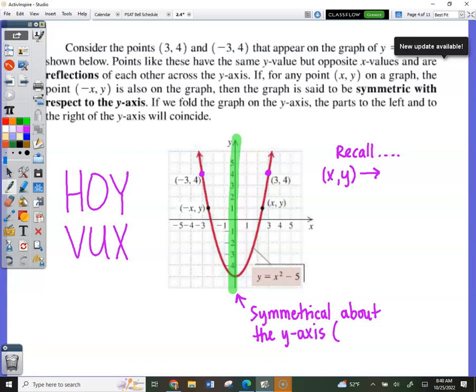So it's a vertical line, which tells me it's going to be x equals a number. You go to it and you see where it's crossing the x-axis, that's the number. So it's going to be x equals 0. It's not enough to say it's symmetrical over the y-axis. You need to be able to say which is the equation of the line x equals 0.